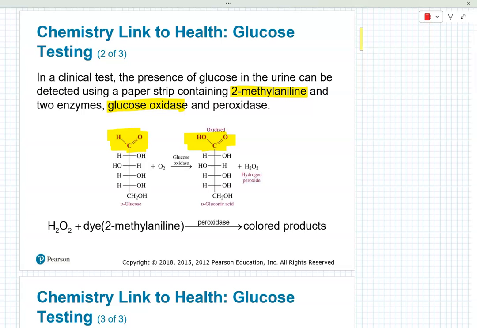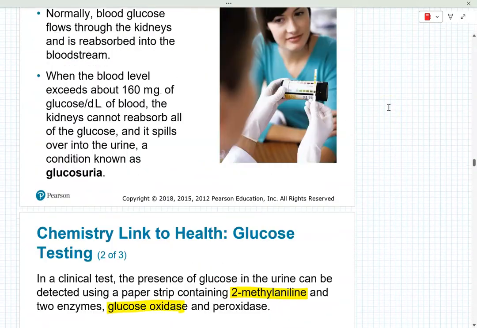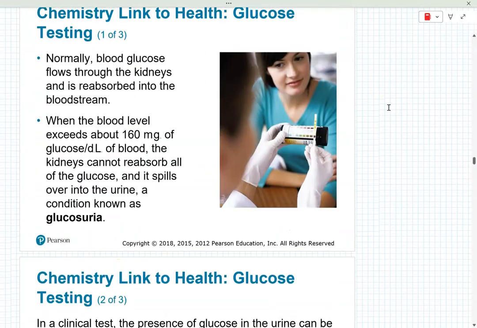And the side product, hydrogen peroxide, oxidizes 2-methylaniline, resulting in the coloration of the strip. Okay? So you can see here, did we do that? No, we didn't? We're going to do it. Not with the real urine, with the fake urine, but we're going to check fake urine for the presence of glucose. Okay?